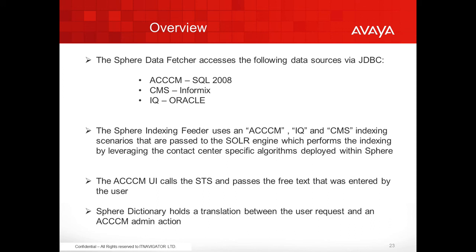Again, when we're searching for close sales, in the backend the system knows that close can be affecting a vector, a VDN, or a service hour table. So the system in the backend will search for these items within the Sphere indexing tables.